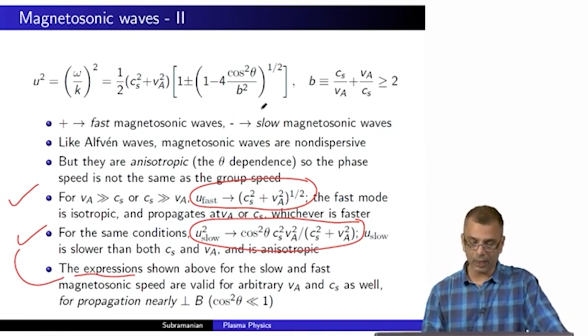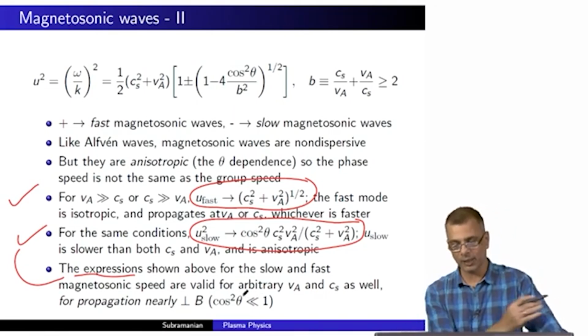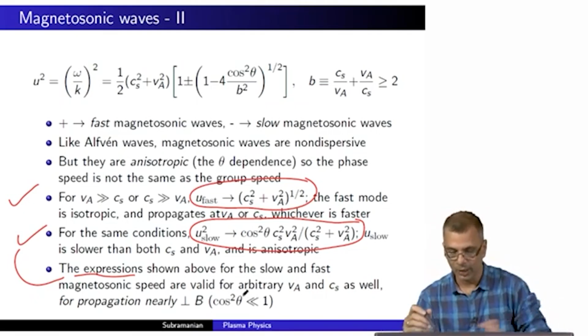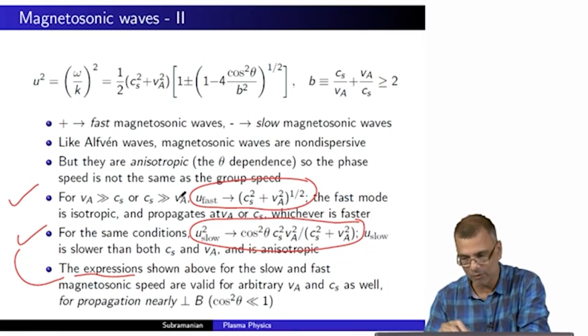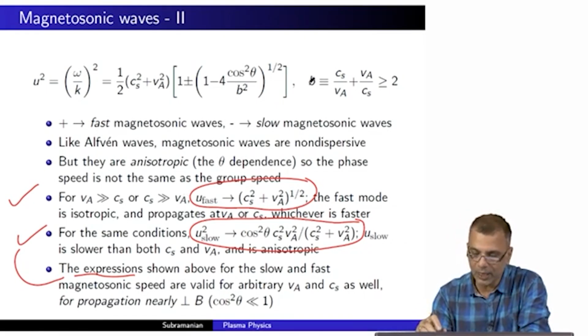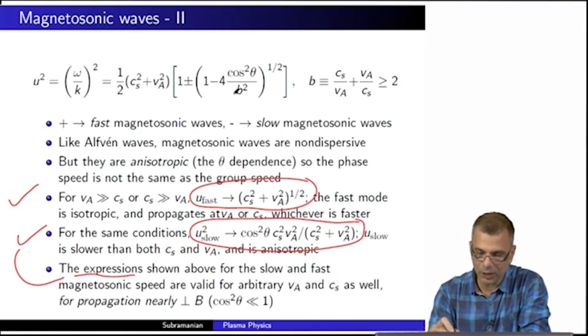Okay. And so why is that true? You see, what was the main thing? The main thing was that when VA is much larger than CS, or CS is much larger than VA, B is much greater than 1.